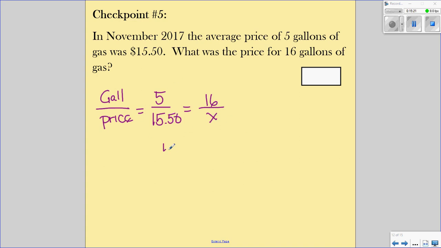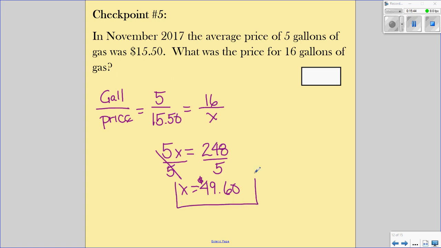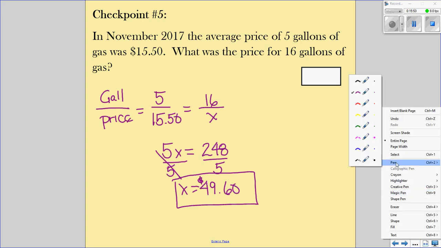So we set it up, we cross multiply, and 16 times 15.50 is 248. And then we divide by 5 on both sides, and then we should get $49.60. Make sure you put the dollar sign, because with 49.60 I might think you're talking about miles or whatever it is. So make sure you label correctly.